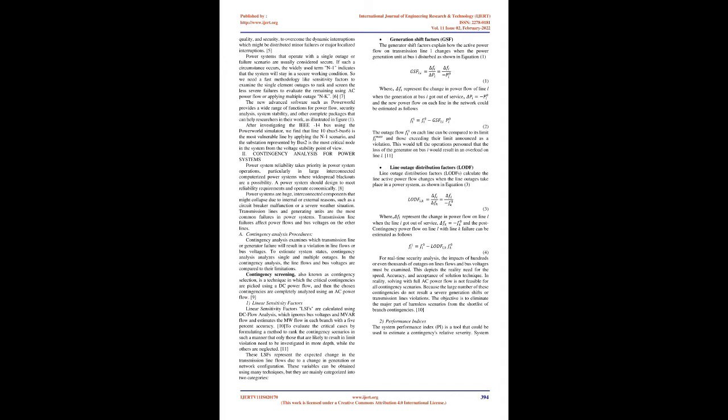If such a circumstance occurs, the widely used term N-1 indicates that the system will stay in a secure working condition. So we need a fast methodology like sensitivity factors to examine the single element outages, to rank and screen out the less severe failures, and to evaluate the remaining using AC power flow or by applying multiple outages, N-K.